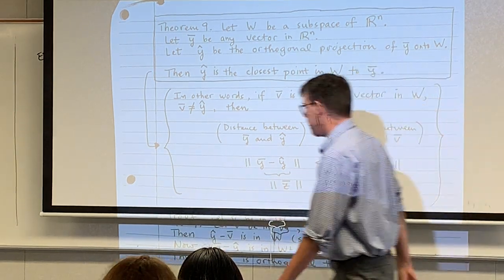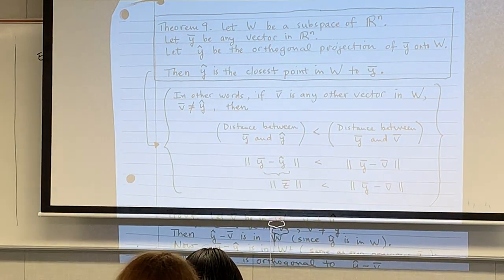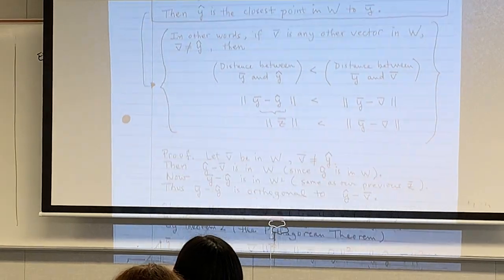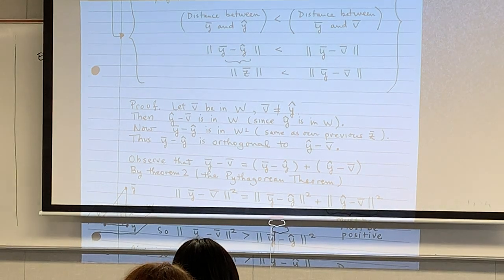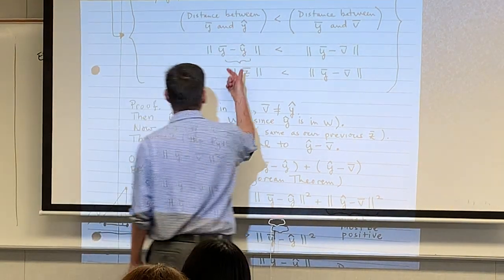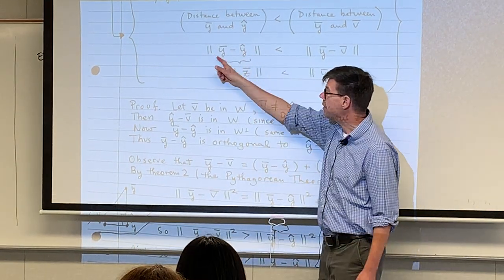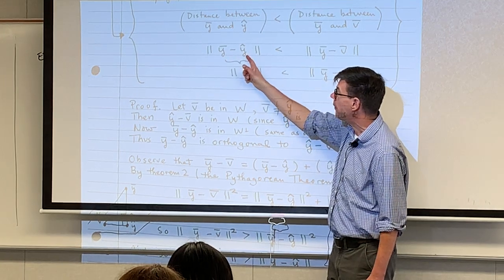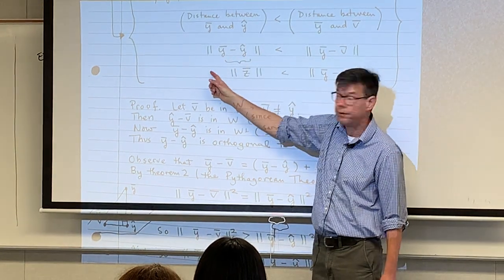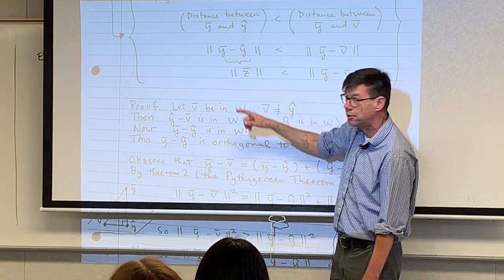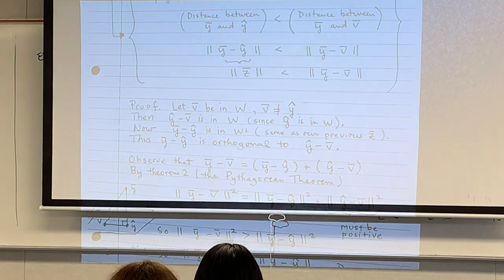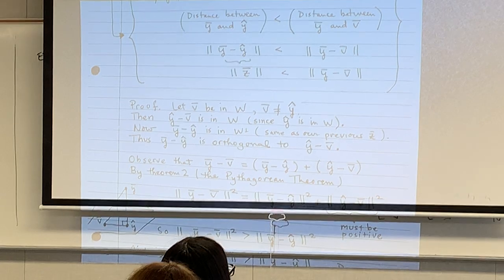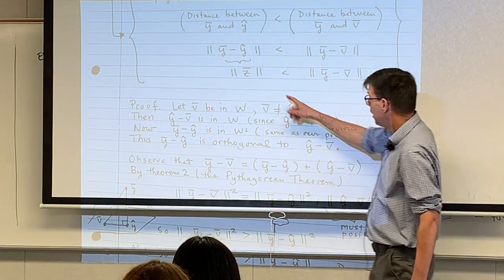And there can't. So in our notation, the distance between y and y hat we just denote with these double bars around the difference, y minus y hat. That's actually our definition of distance between those two vectors, and it agrees totally with your definitions of distance in R2 and R3 that you've already learned.